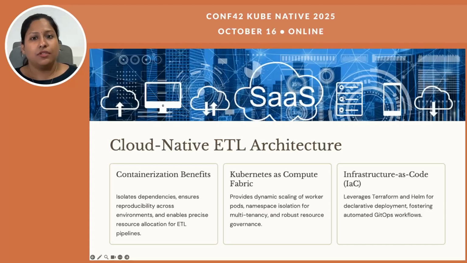Pillar number 2 is Kubernetes as a compute fabric. Namespaces isolate teams, autoscaling expands worker pods under load, and quotas keep noisy neighbors in check. For multi-tenant analytics, this is essential.